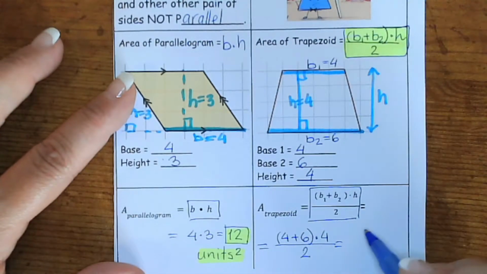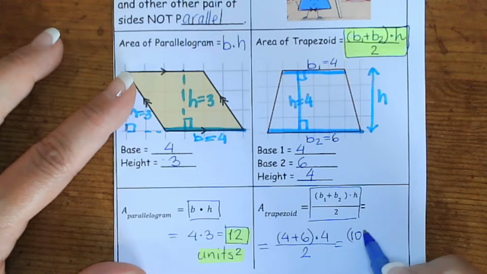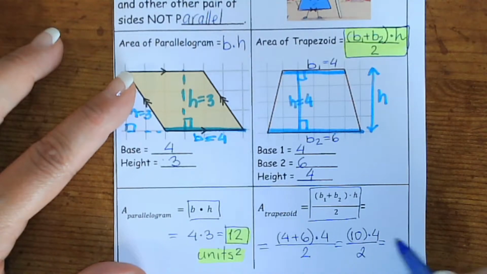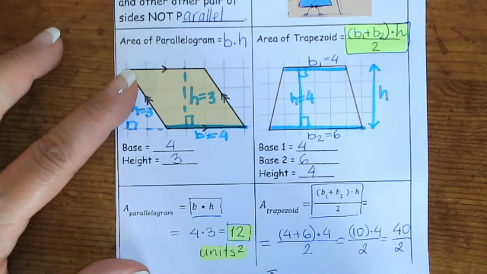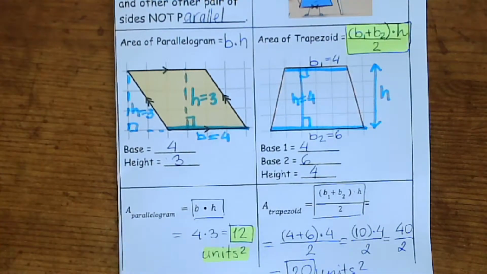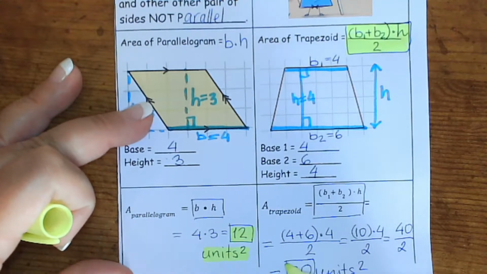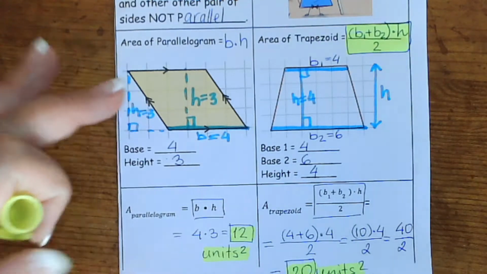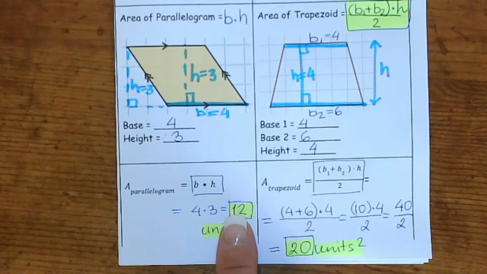Base 1 plus base 2, 10, times the 4, and then divide by 2. 10 times 4, 40, and then divide by 2. The area of my trapezoid is going to be 20 units squared. And then we have the area, so our units have to be to the second power.